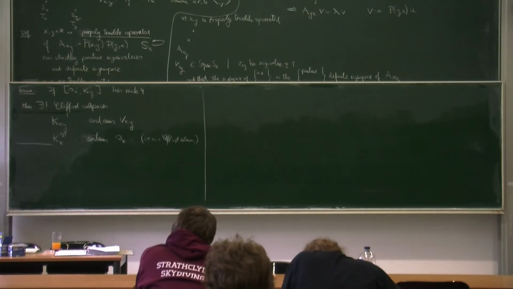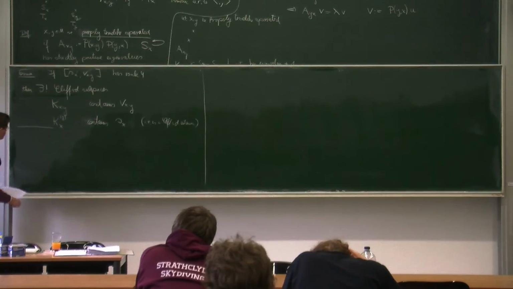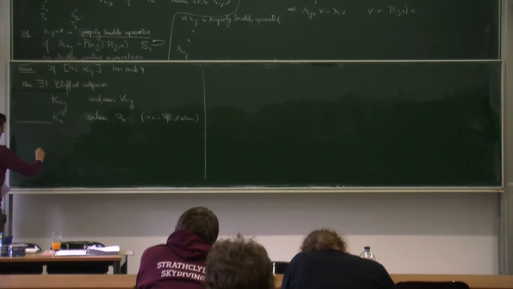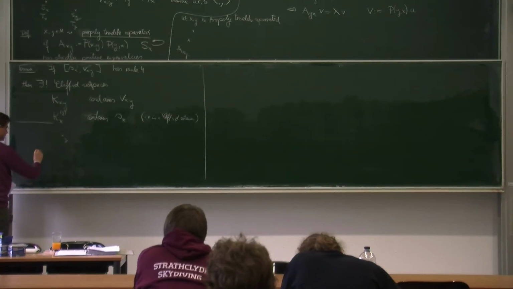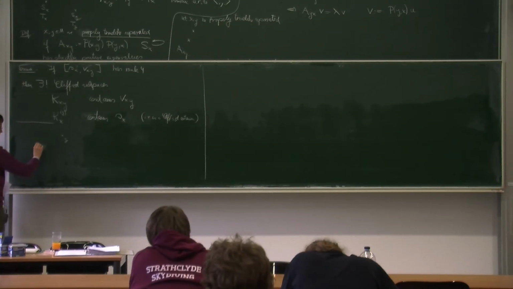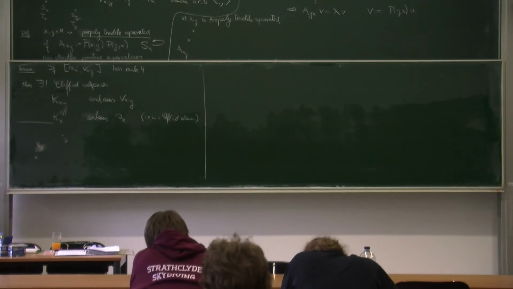Okay, but now we are in business. Now it's clear what to do. Well, let me just explain this graphically. So we have the point x and we have the point y. Here we have a directional sign operator, V_xy, and the corresponding Clifford subspace K_xy.